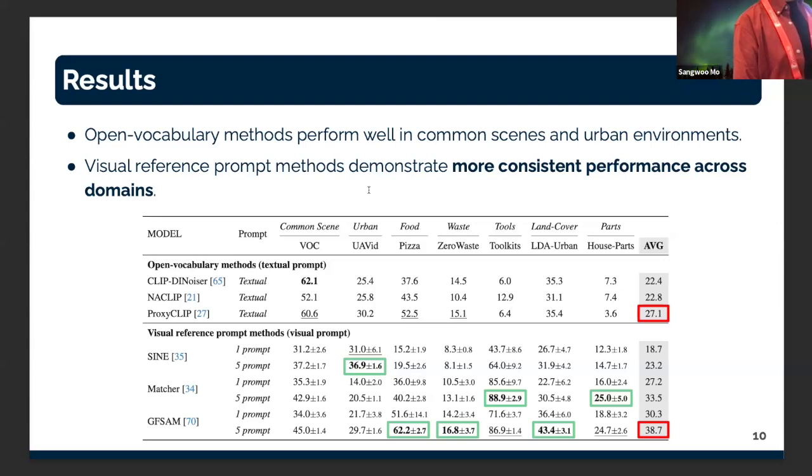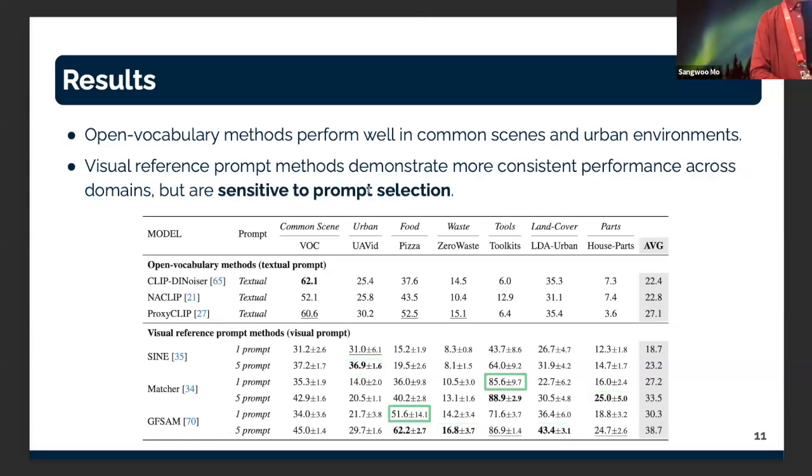And also on pizza, you can see that visual prompt methods achieve 62. But in general, averaging among all our datasets, you can see that the best performing textual prompt method achieves only 27, while the best performing visual prompt method achieves 38. So the gap is really huge.